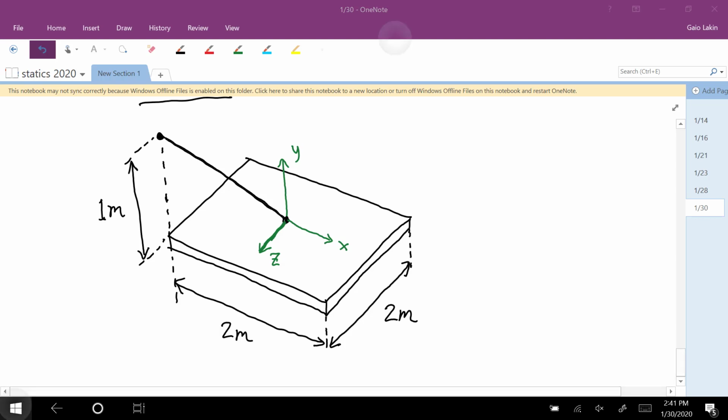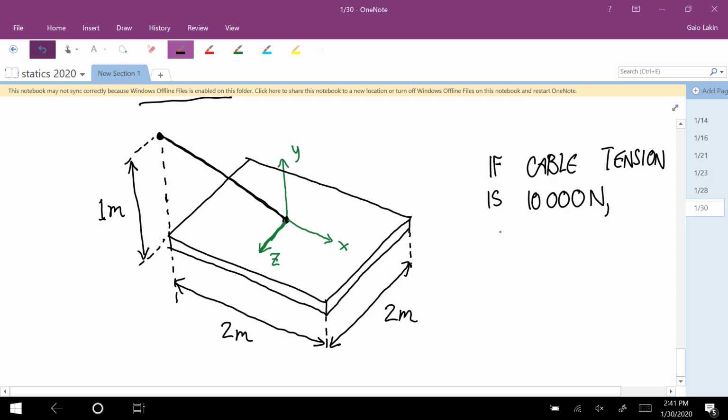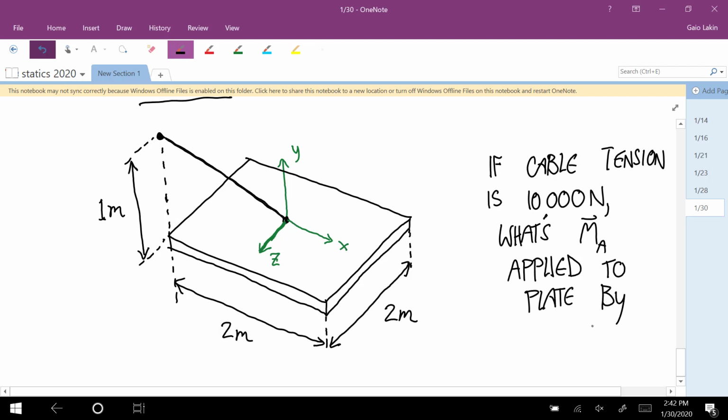So now if we assume that the cable tension is 10,000 newtons, what's the moment produced by the cable, or what's the moment, this vector MA, applied to the plate by the cable? And we need to specify an about point, and the one I'm going to use is this right here.